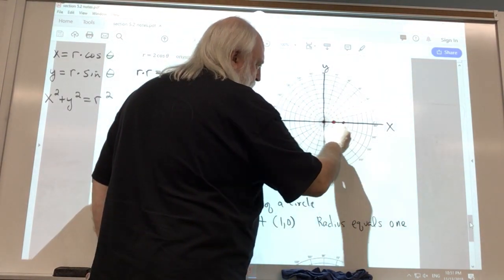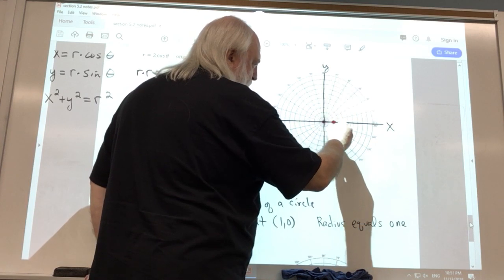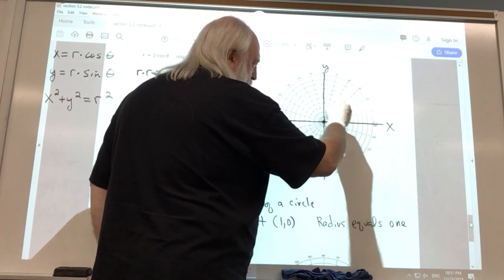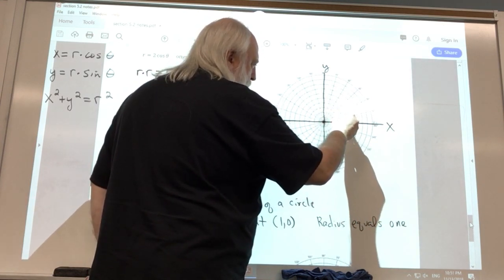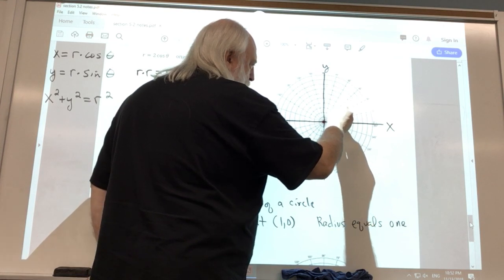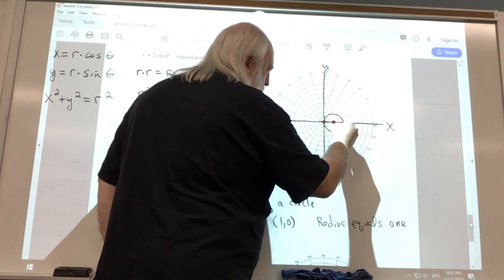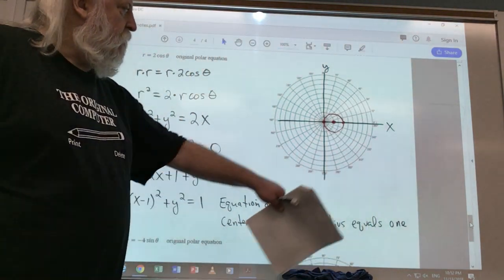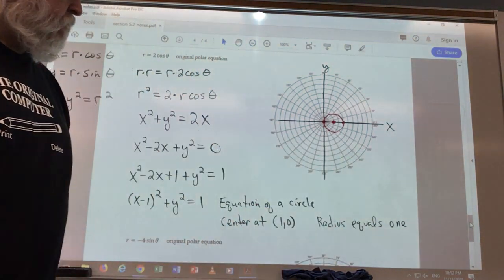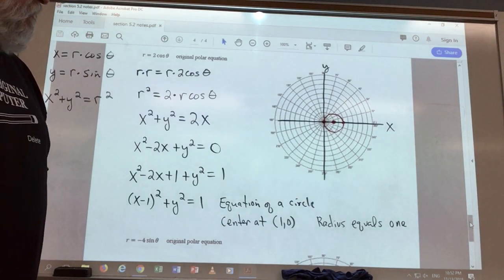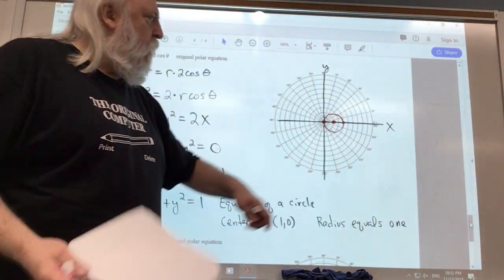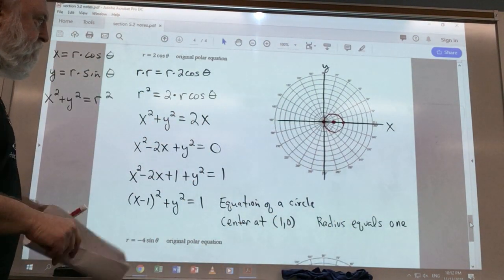So I got to fit the graph of this circle with a radius of 1 the best I can by hand, going through these 2 points. And so that's my circle of radius 1, and its center is at the point 1, 0 on the x-axis.